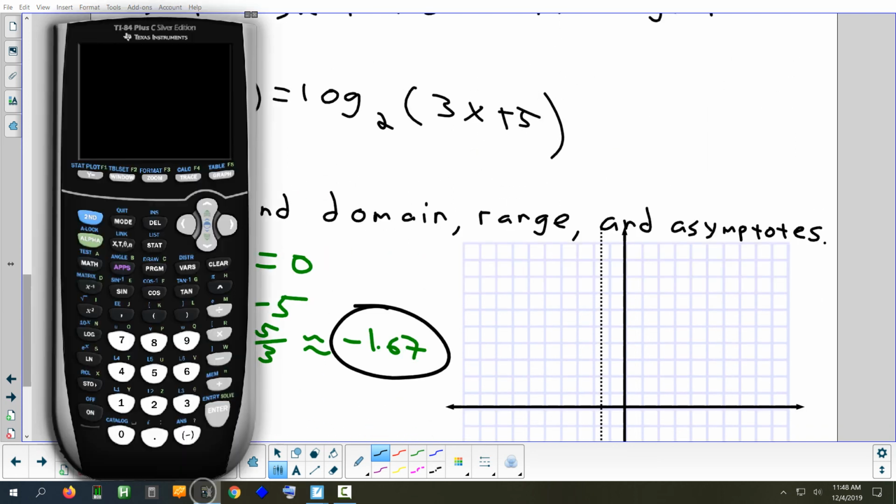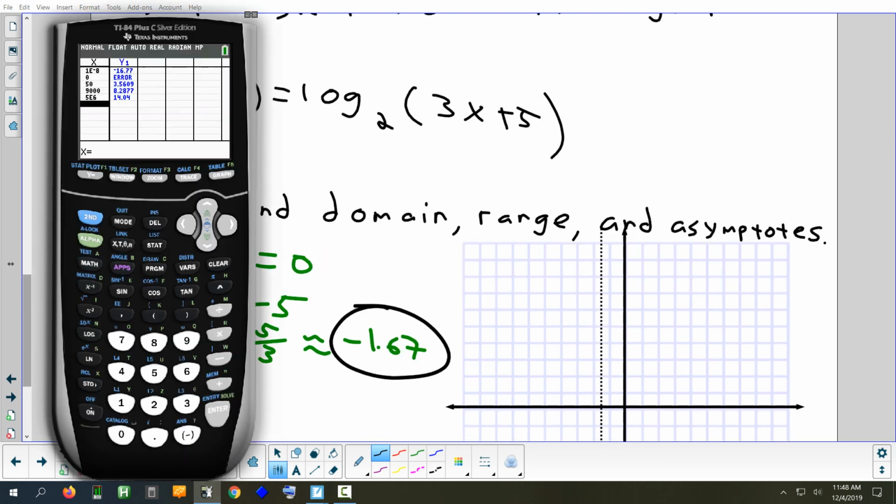So let's type that in and use the table to get some more points. So I'm going to type it in as log of 3x plus 5 divided by, and what's going to go in the bottom? Yep.